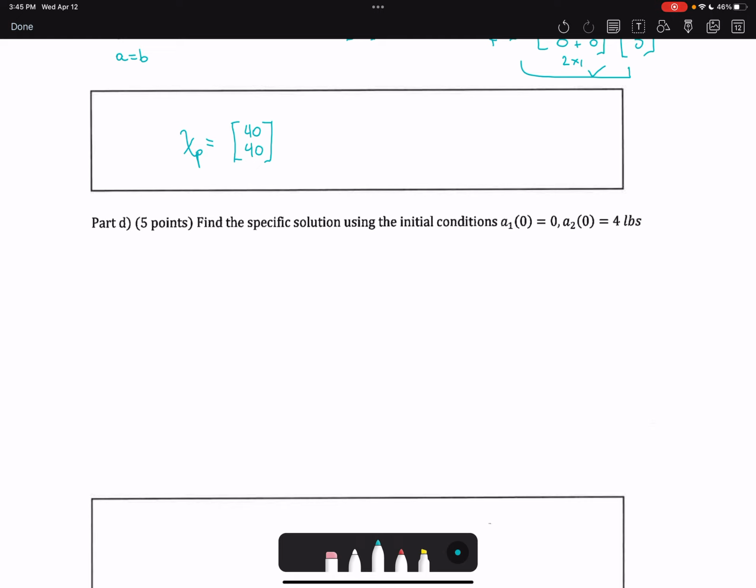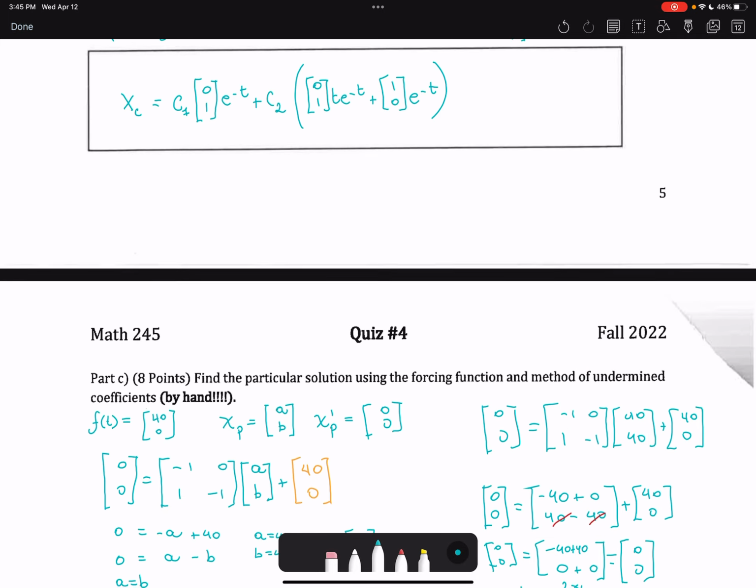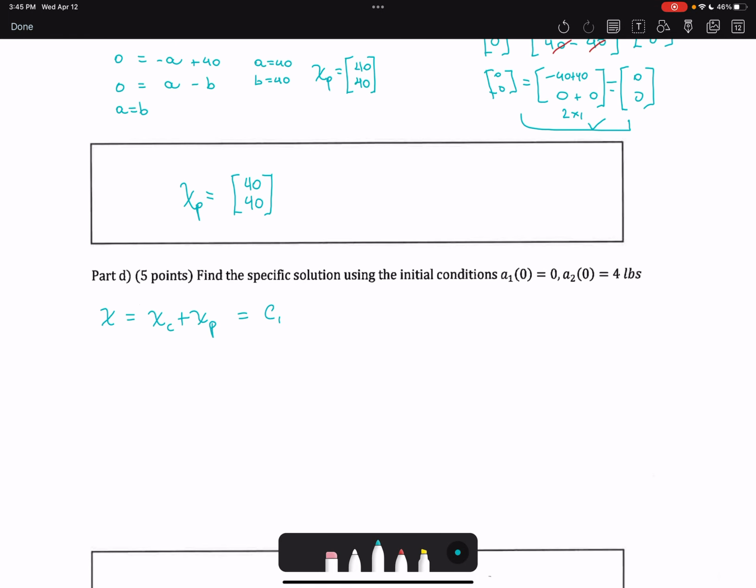So the general solution is going to be x sub c plus x sub p, which is the complementary solution now is C1, 0, 1, e to the -t plus C2, e to the -t times 0, 1, remember the big bracket, times t plus 1, 0.